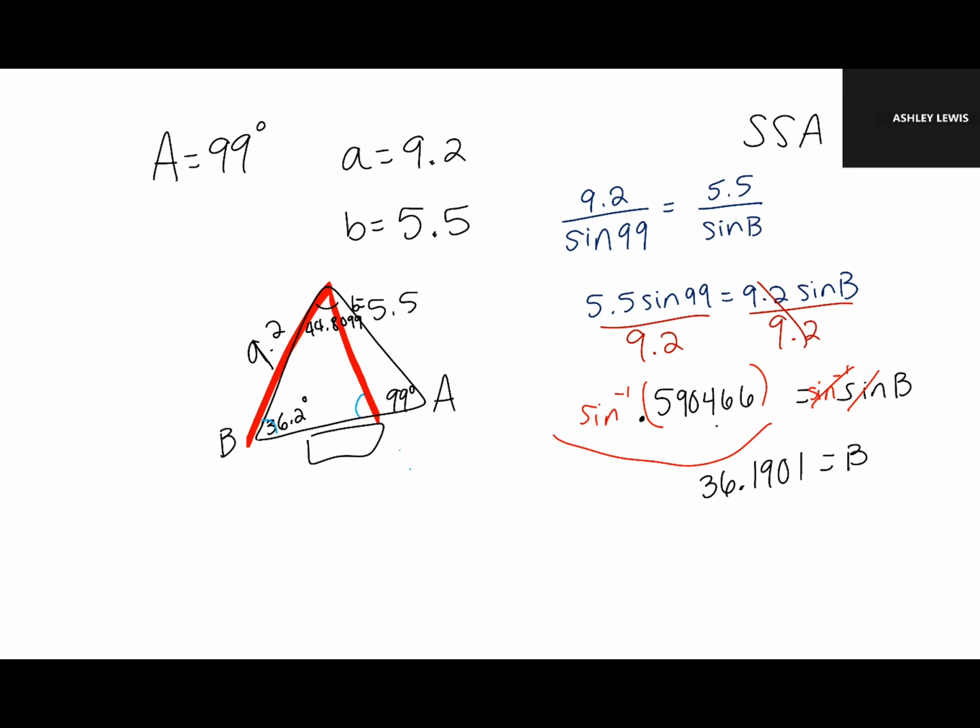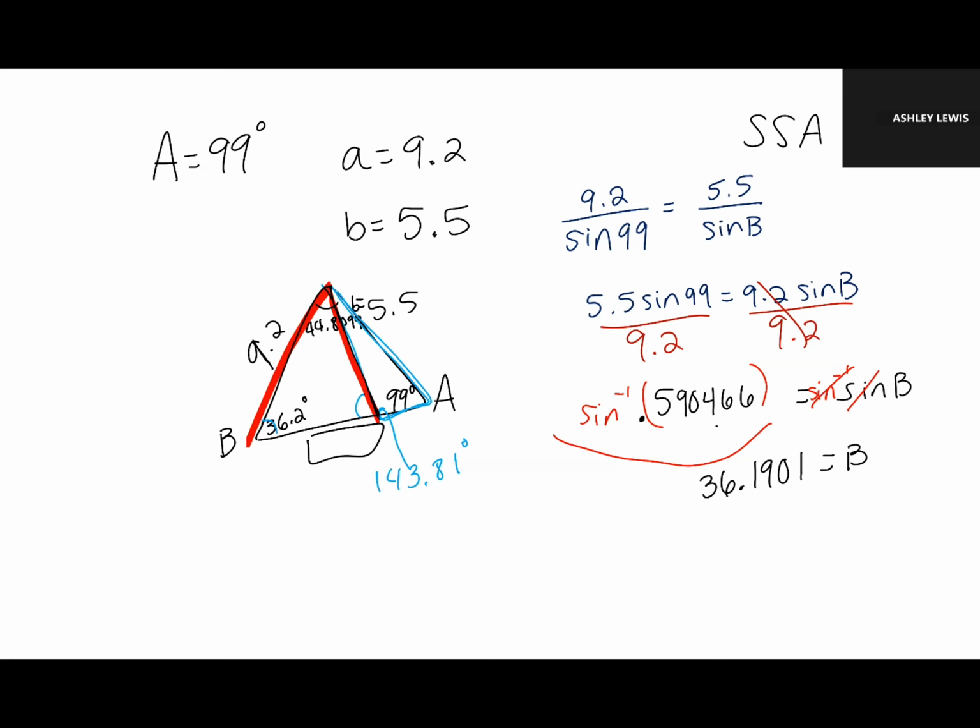So then what would this obtuse angle be? 180 minus 36.1901 is 143.81. Does that triangle make sense? If triangles add up to 180, does this triangle that I tried to form make sense? No. That means there's only one triangle, the one that I originally drew.